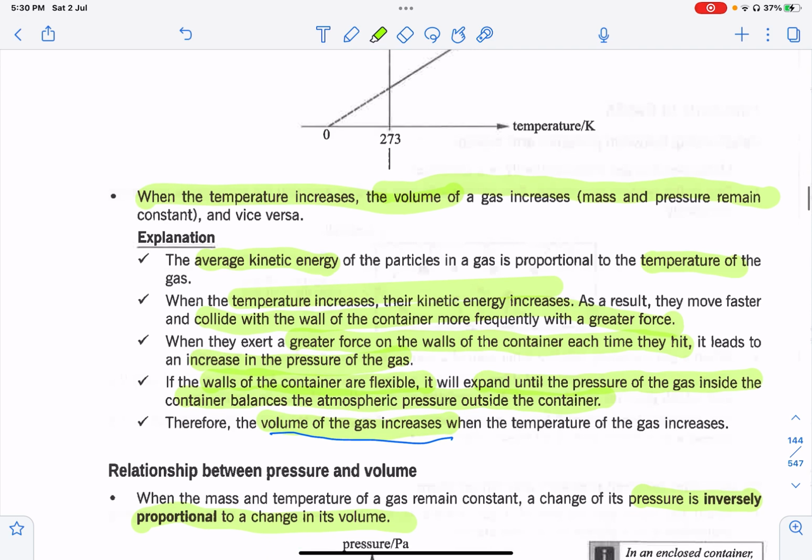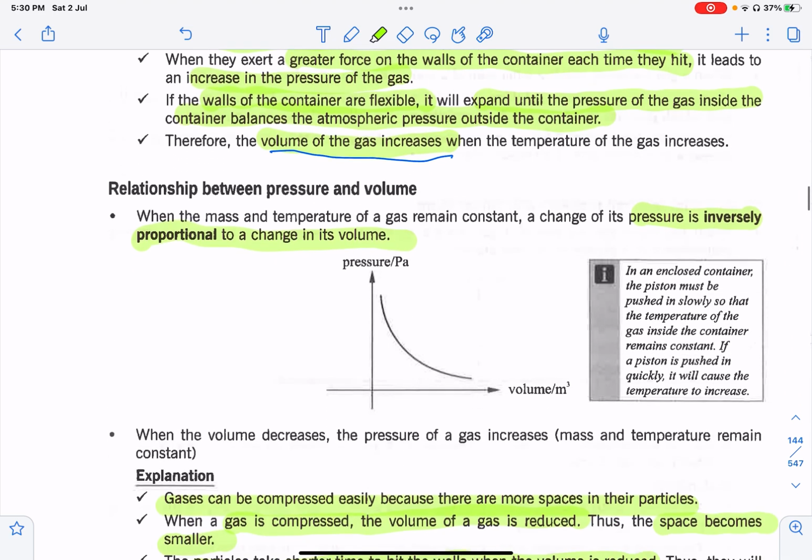If the walls of the container are flexible, it will expand until the pressure inside the container balances the atmospheric pressure outside. Therefore, the volume of the gas increases when the temperature of the gas increases. So think of it as expansion influencing the volume.